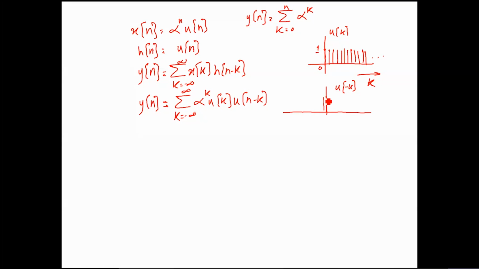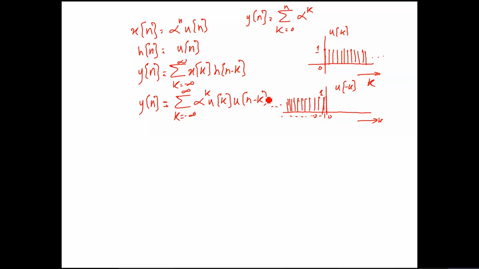So k gets replaced by minus k, and you see that it is all ones going all the way to infinity for negative values of k: minus 1, minus 2, and so on. So this is your flipped version, your u of minus k.